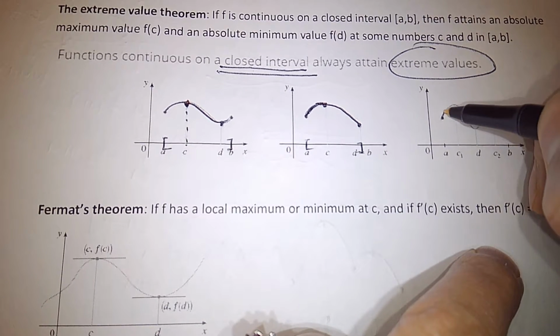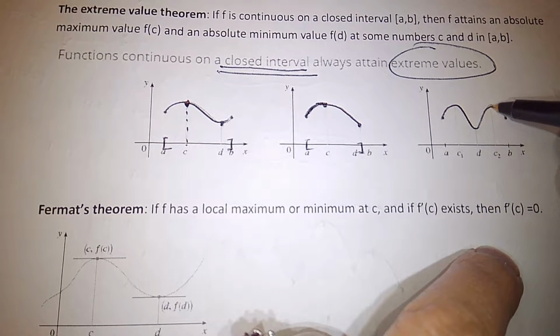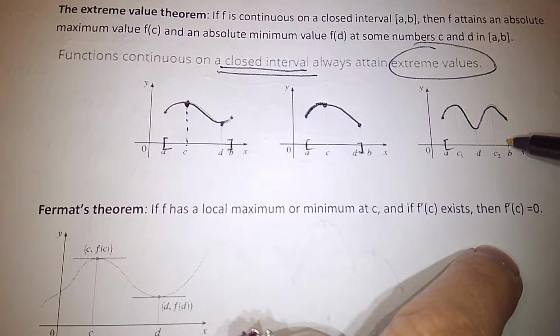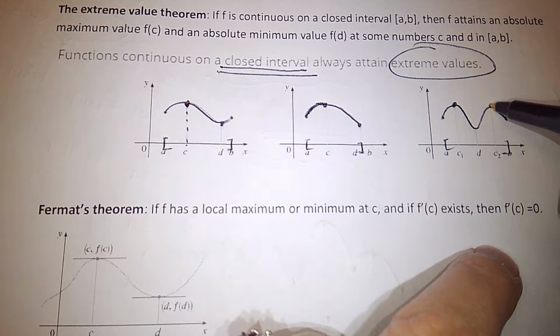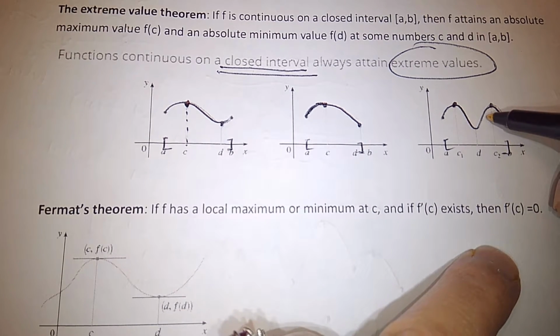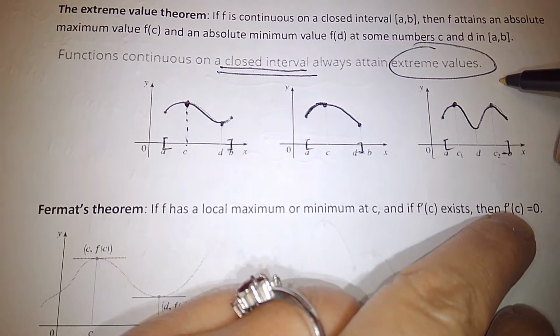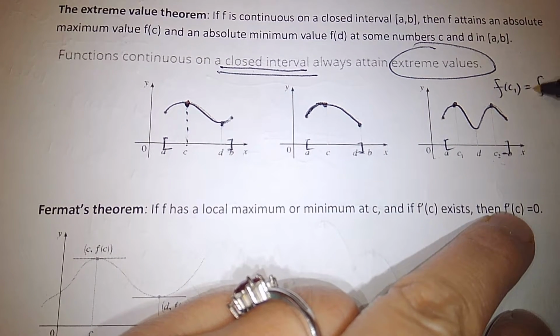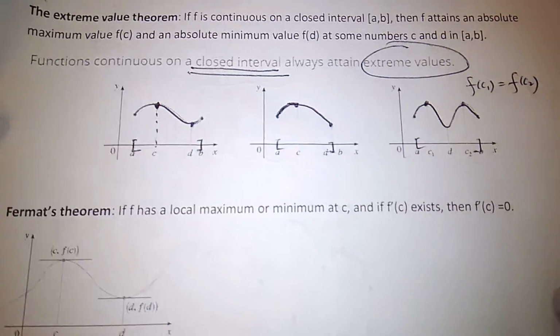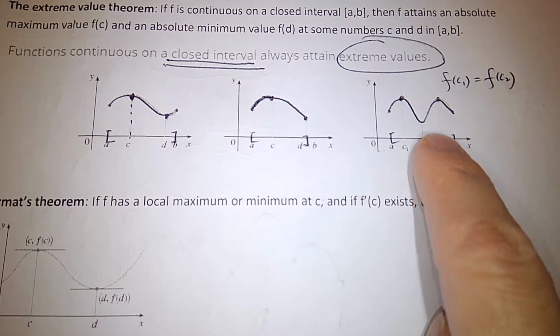In this case, a closed interval from a to b, we must have a highest point. Sometimes the highest point, c1 and c2, equals each other. Yes, they're both the absolute maximum value. But you have to say f(c1) equals f(c2) are the absolute maximum value.